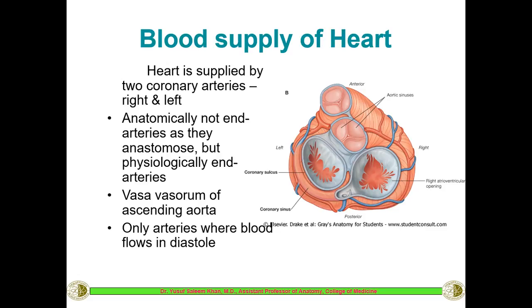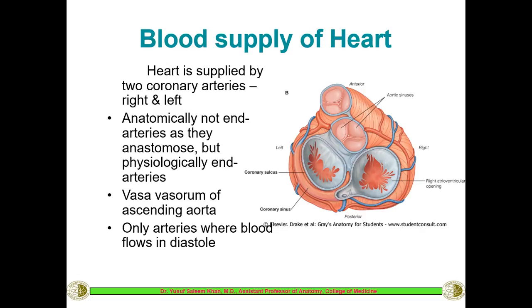Whenever the heart beats, especially the left ventricle, when it is in systole, it contracts and pushes the blood to all parts of the body. Usually all the arteries are filled with blood and supply the different structures when they are in systole. But the coronary arteries are the only arteries where the blood flow occurs in diastole, not in systole.